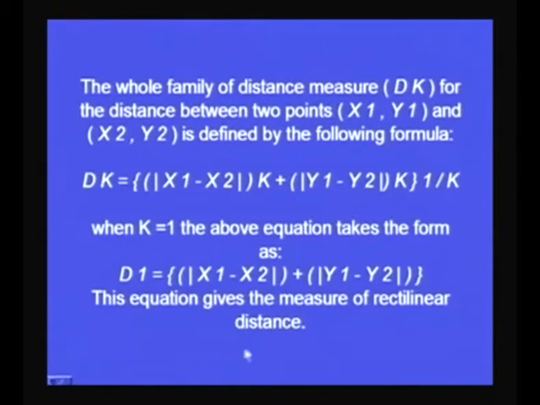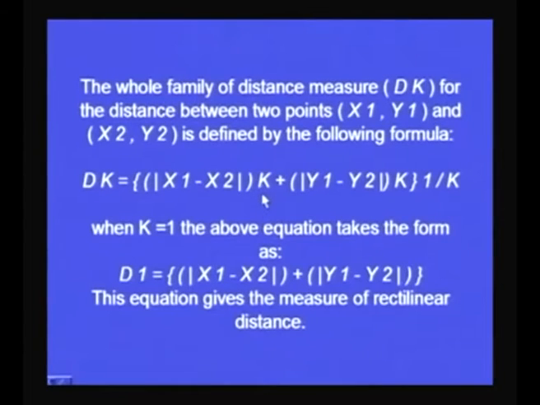So, this is the rectilinear distance between 2 points (x1, y1) and (x2, y2). So, a generalized equation we have transformed into a specific rectilinear distance equation by putting k is equal to 1.